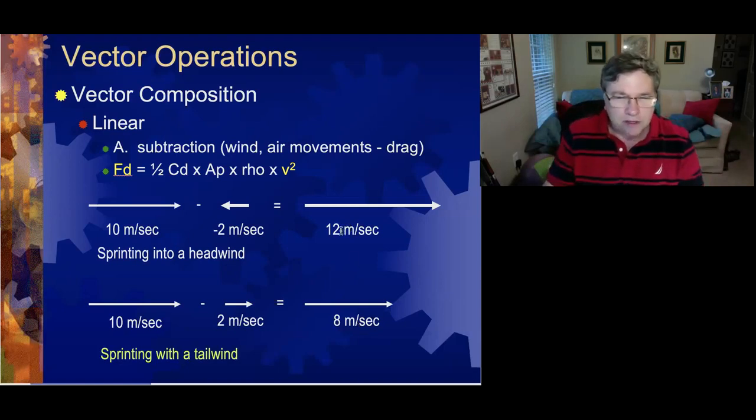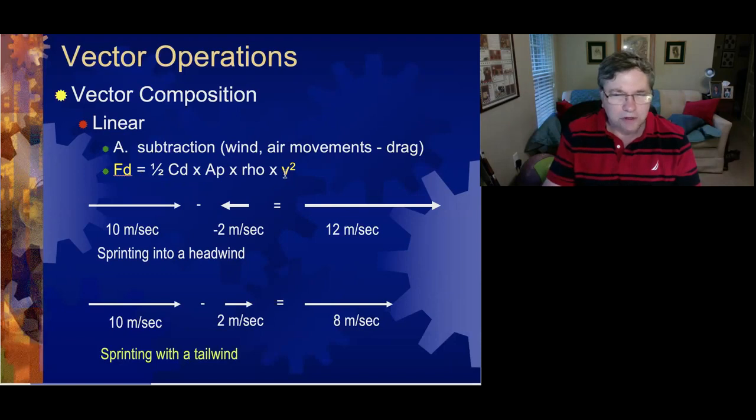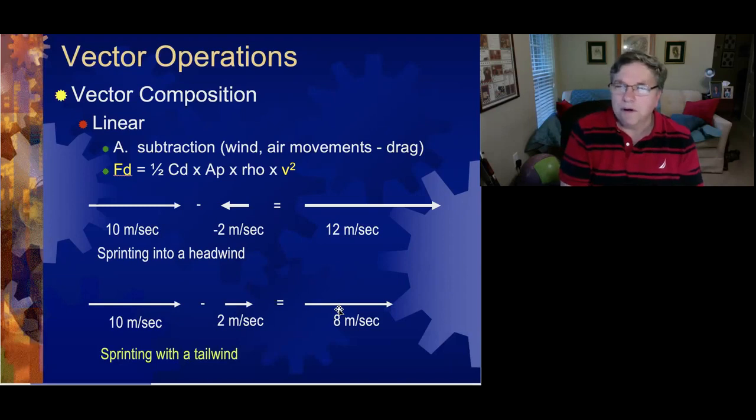So if we square this value, because the fluid drag is proportional to the square of that velocity, that's 144 meters squared per second squared. And we do the same thing here. We've got 64 meters squared per second squared. So 144 versus 64, that's about 2.5 times as much air drag.